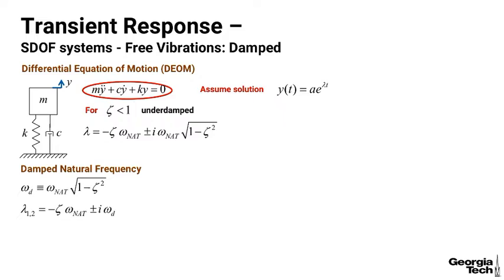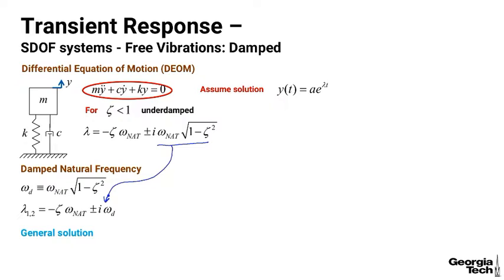Okay, so we defined the damped natural frequency. There are my new roots. Instead of keeping the whole value omega natural times the square root of 1 minus zeta squared, I've substituted in omega d, the damped natural frequency.